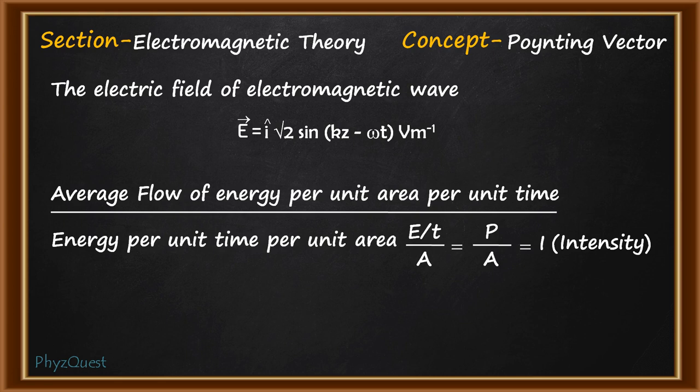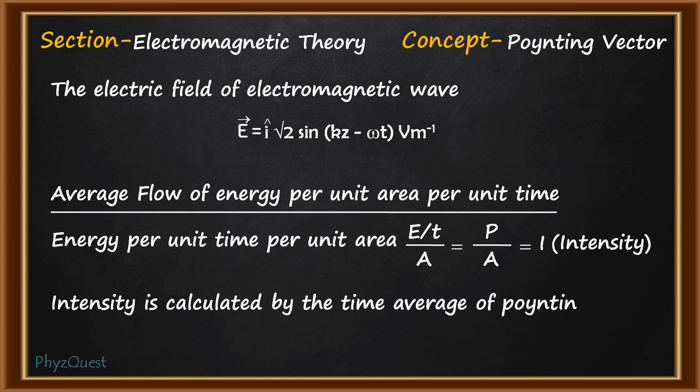Now this intensity is calculated by the time average of the Poynting vector. The Poynting vector is mathematically represented as vector S equal to 1 by mu 0 vector E cross vector B. Now why time average? The Poynting vector represents the magnitude and the direction of the flow of energy of the electromagnetic wave.